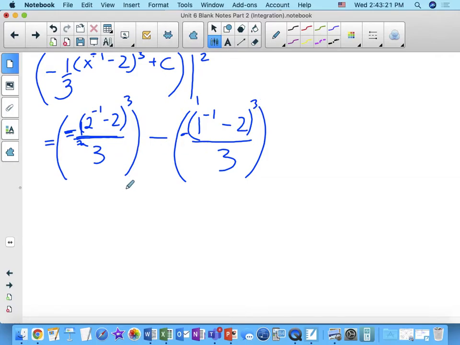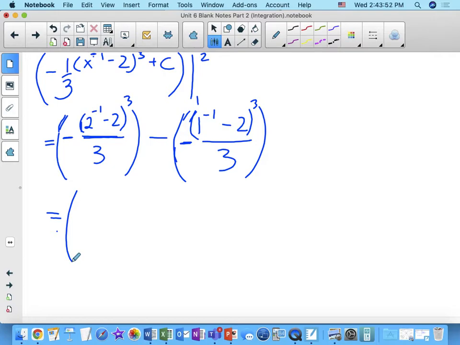Let me just erase this and clean this up a little bit. It got a little messy in there. There we go. That's better. All right, so let's see. This is going to be 2 to the negative 1, which is 1/2, minus 2. 1/2 minus 2 is what?